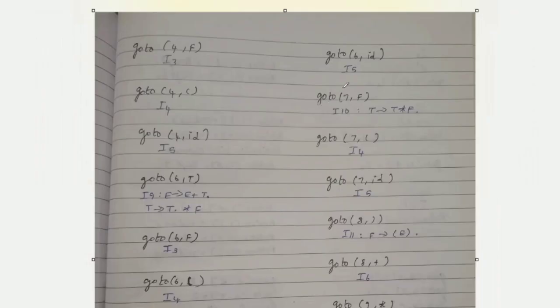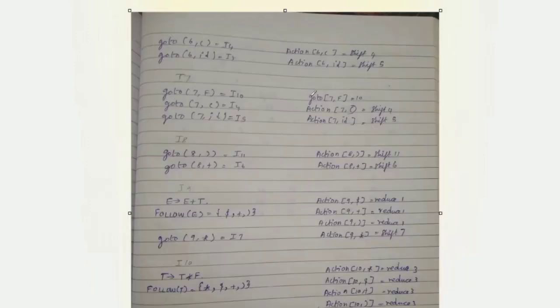In the second step of the canonical collection of LR0 items, we have a go to part, item number 7. Go to 7 comma F I10, go to 7 comma open bracket I4, go to 7 comma ID I5. Write the table entries: go to 7 comma F I10 as 10.